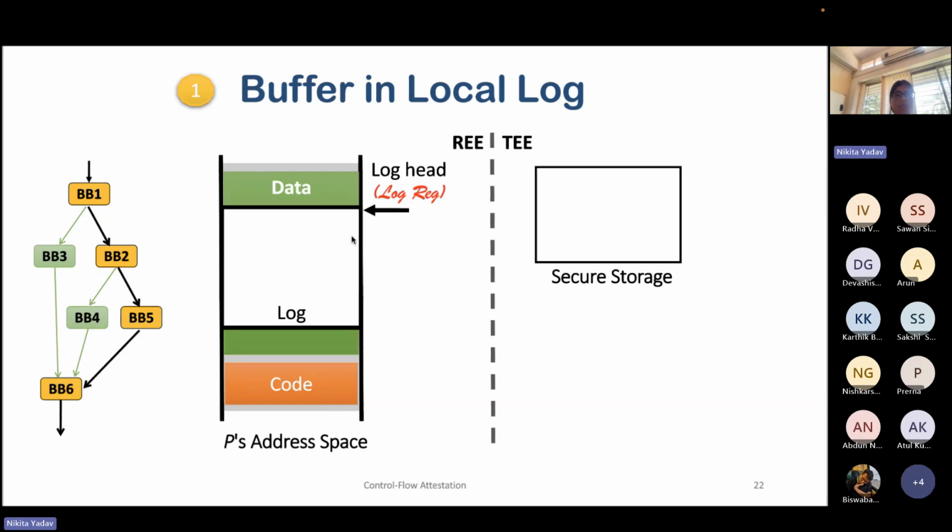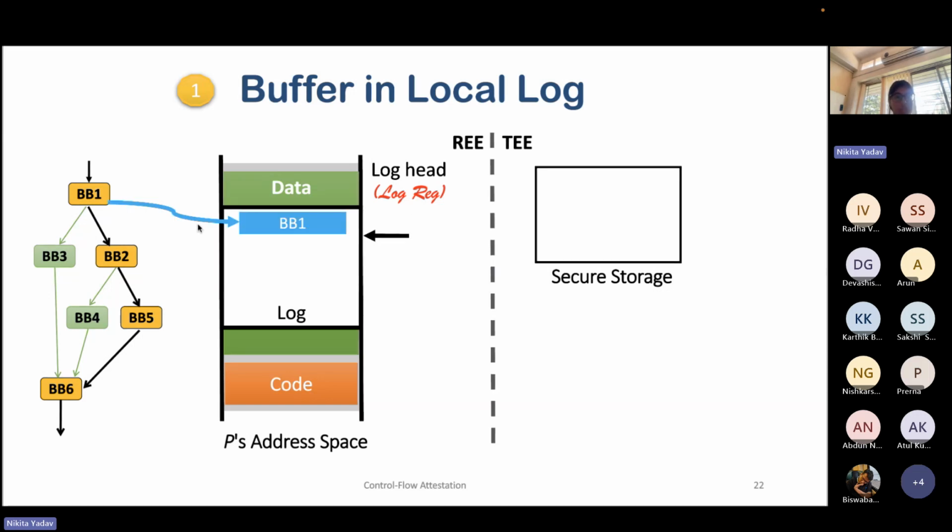In the data region, we are going to allocate a log region where we are going to record the path measurements. The overhead is happening because every time we are making a transition from the normal world to the secure world, and we want to avoid that. To avoid that, we are creating a log in the data region of the process address space.